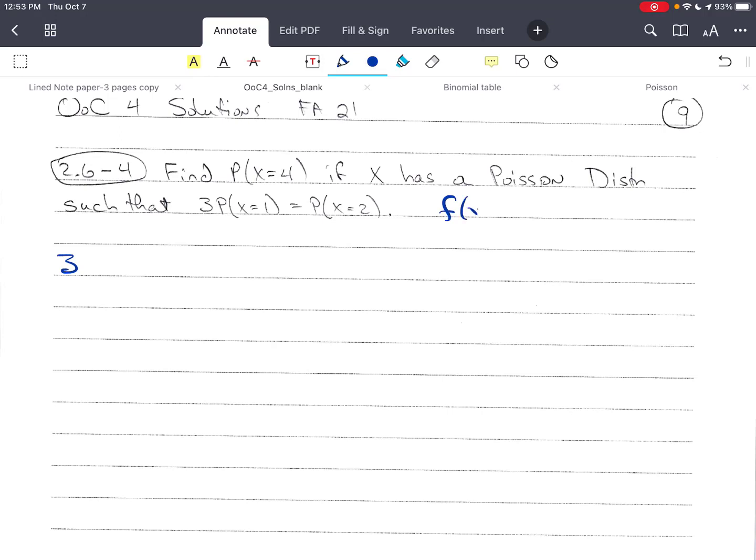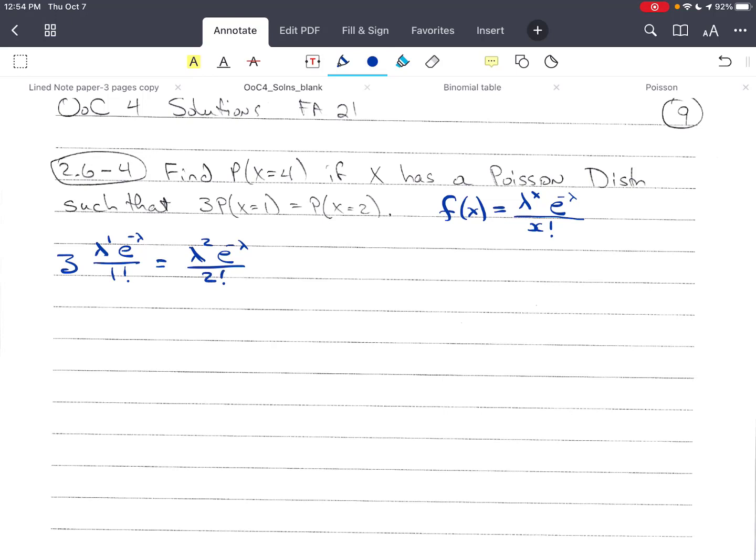So f of x here is lambda to the x e to the negative lambda over x factorial. So the probability x is equal to 1 is lambda to the 1, e to the negative lambda over 1 factorial, and this is going to equal lambda squared e to the negative lambda over 2 factorial.